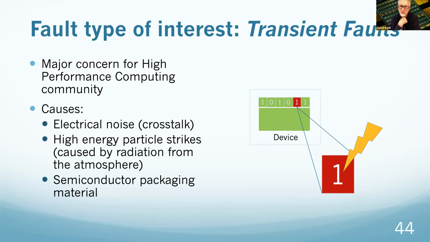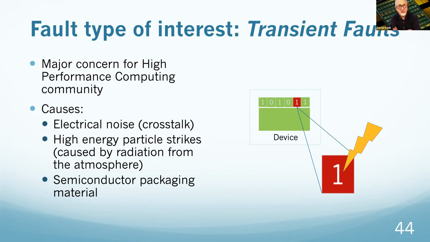I was working on reliability of memories on mainframes, injecting soft errors off of radiation into memory chips, and looking at how to design them in a way that could be more fault tolerant. So this has been, for the high performance computing community, a major issue.